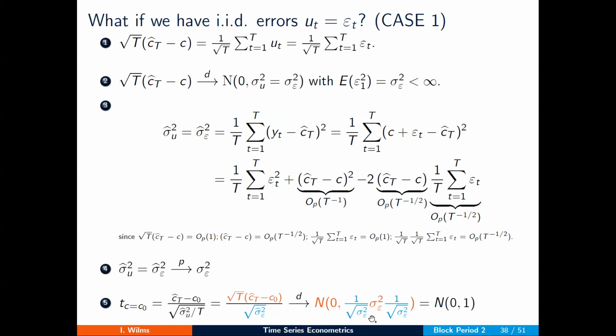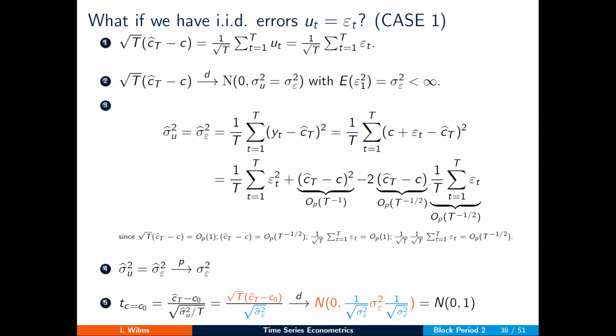The continuous mapping theorem tells us that this guy then also converges to a normal distribution where we write the asymptotic variance of the numerator that we obtained before, and we need to pre and post multiply the asymptotic variance of the numerator with the probability limit of the scalar in front of it.